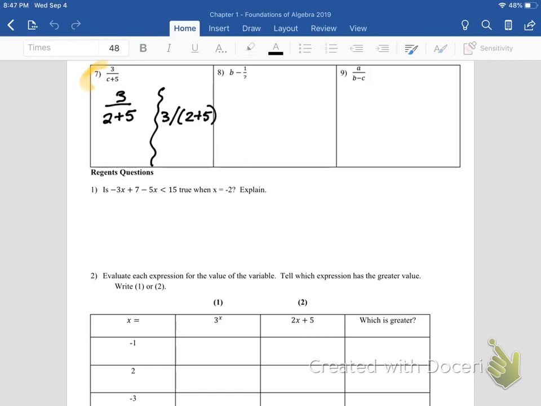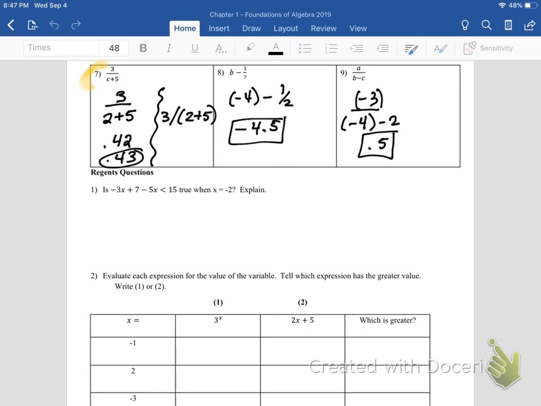So it'll give you 3/7, which is something like 0.42. It might be actually 0.43 now that I'm thinking about it if you round it. And same thing with this. Again, I'm going to pause the video because I don't want to talk too much, and I will put the answers for 8 and 9.